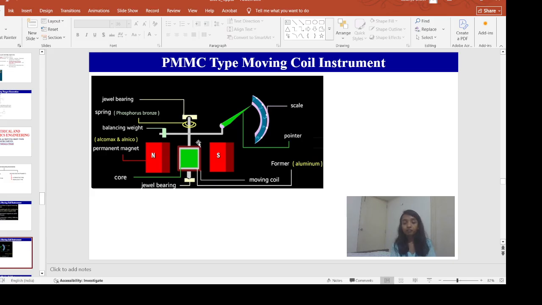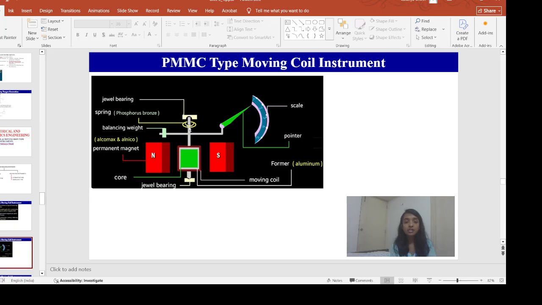As this coil moves, the pointer attached to it will also move, and we can observe the deflection of the pointer on the scale. This deflection of the pointer is happening due to the deflecting torque.